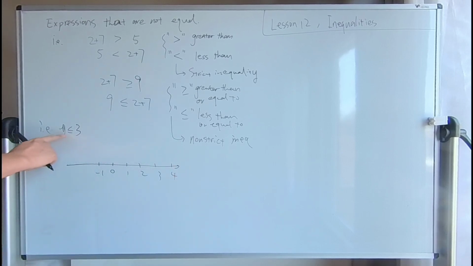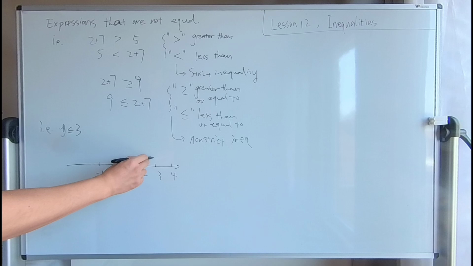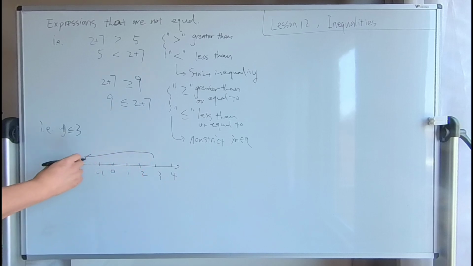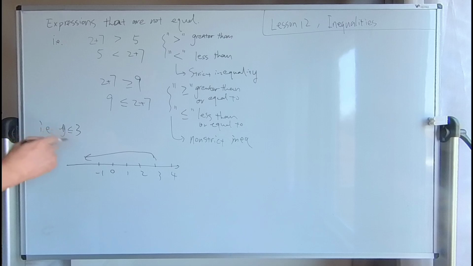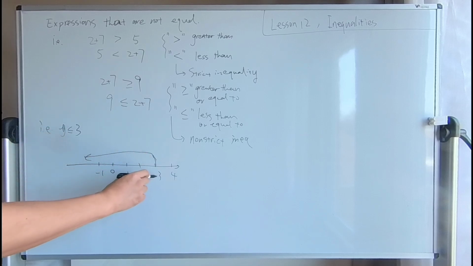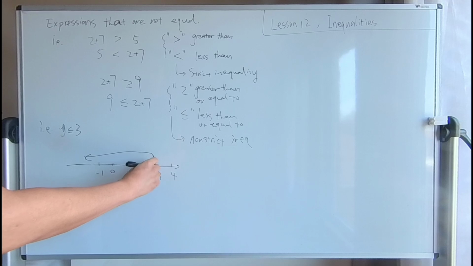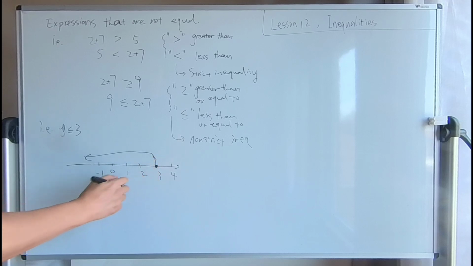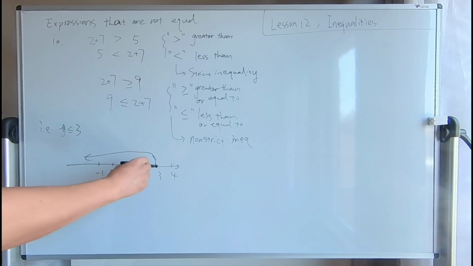For example, y less than or equal to 3 means if I start from number 3, all the numbers on the left-hand side of 3 satisfy this condition, including the value of 3. So usually if it's included, we use a solid dot. This is the usual way that we graph the inequality on the number line.